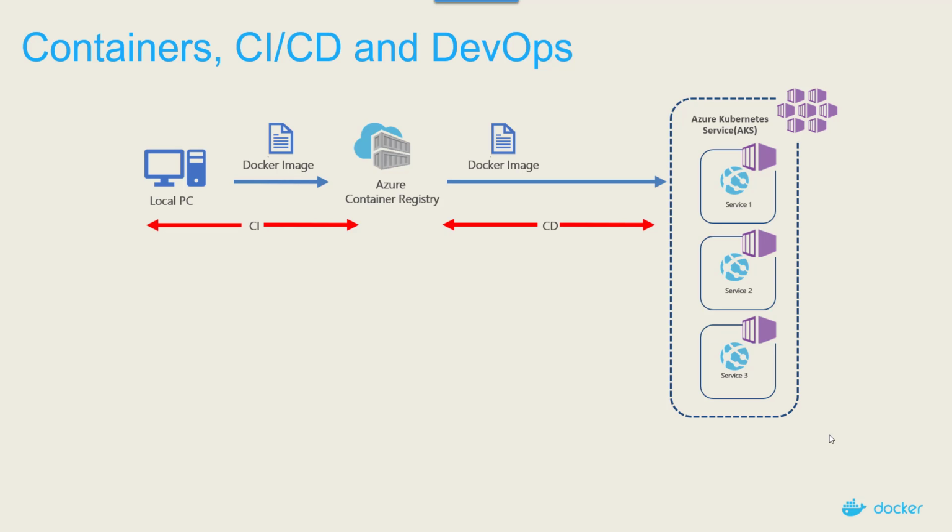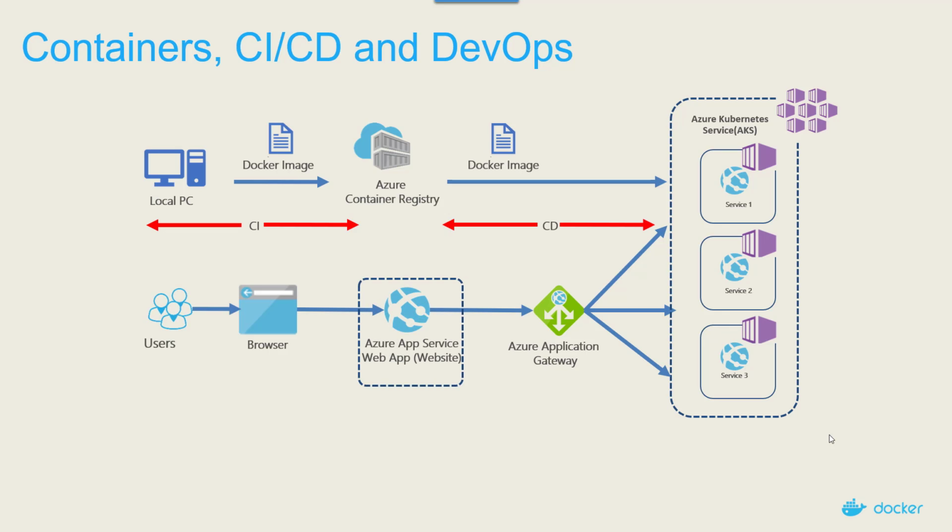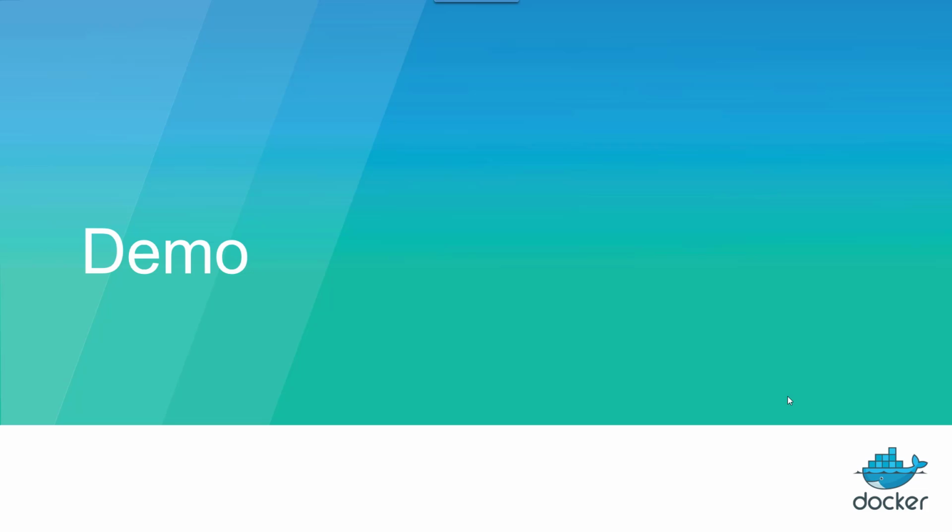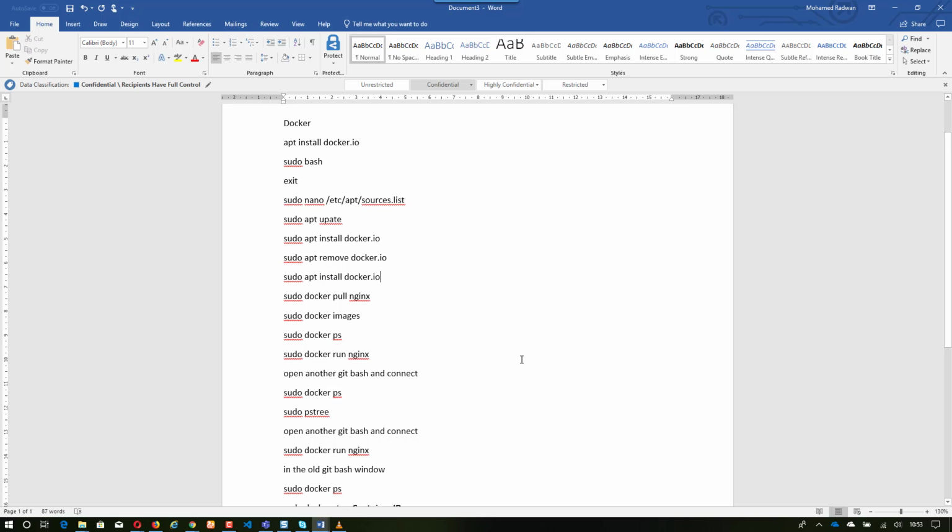So the main idea here is to understand where CI and CD with DevOps fit with containers: the life cycle of pulling and pushing images between the registry and developer machines, and the deployment to the environments, will usually be done by continuous integration and continuous delivery pipelines. And of course, if this is a microservice, it will be exposed with the application and people can access it.